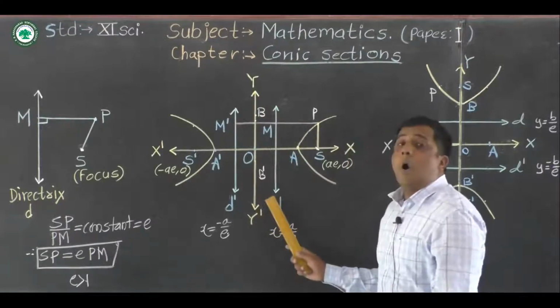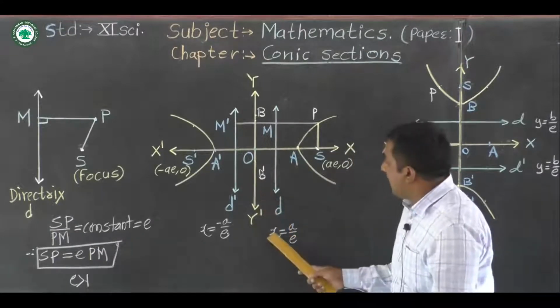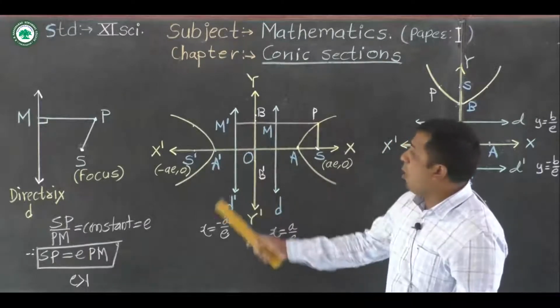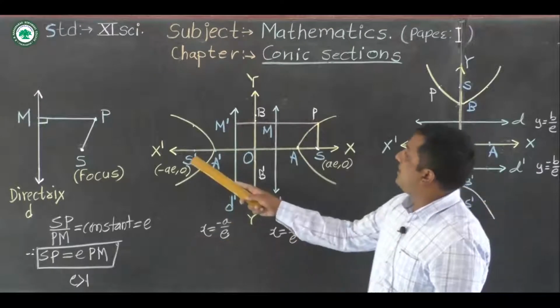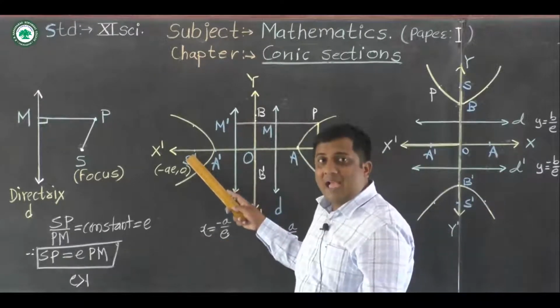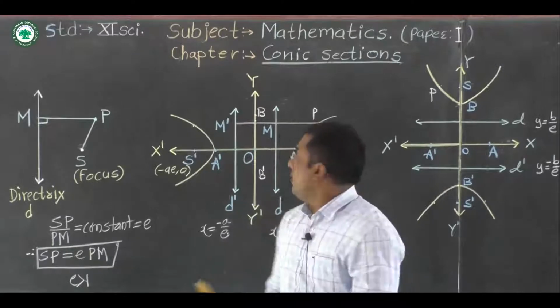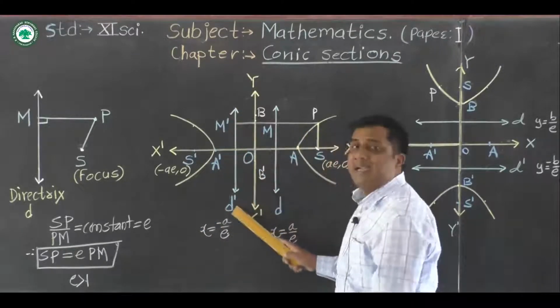Here the equation of the directrix is x is equal to a upon e, and for the opposite side we again consider S dash as a fixed point, and the fixed line D dash.